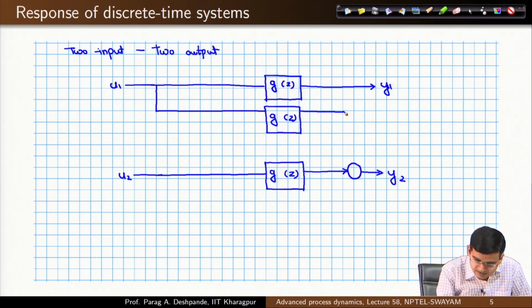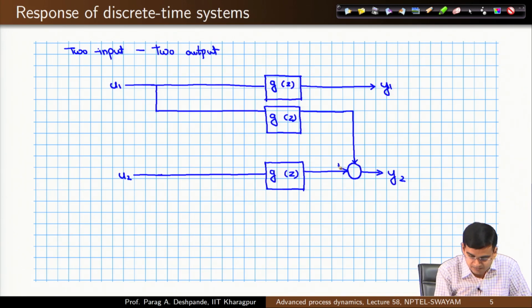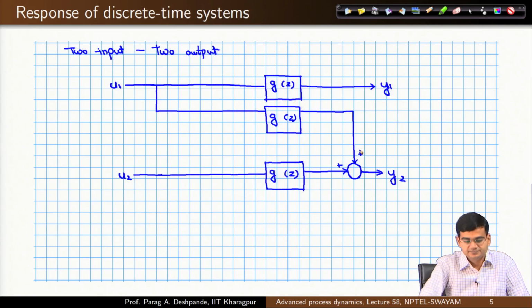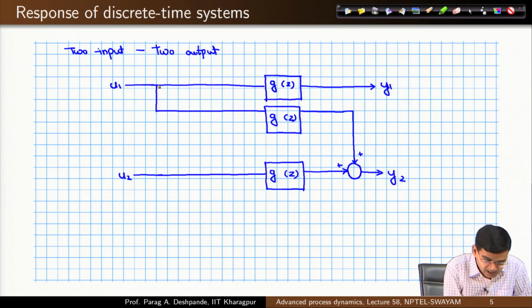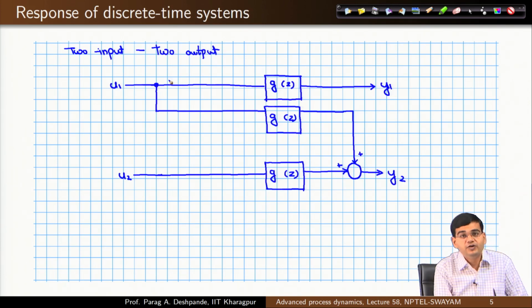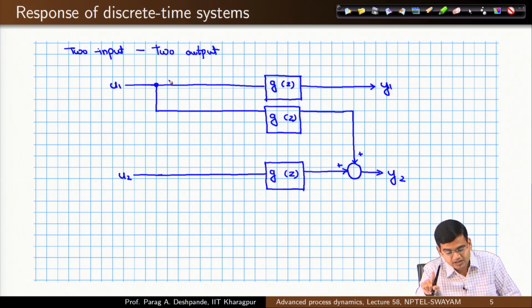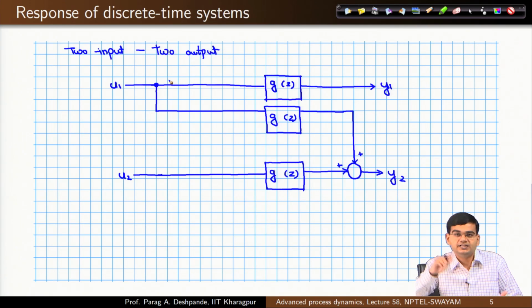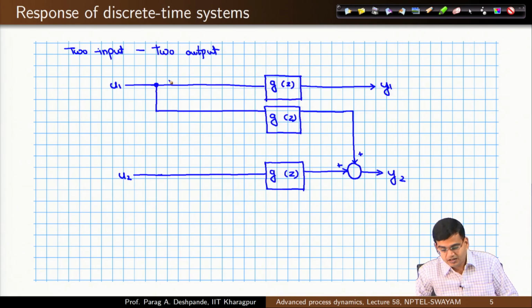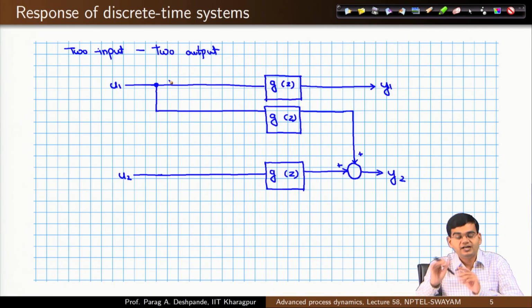So, I have an adder here, say plus plus, right. To understand this, I have u 1 which is acting on a block G of z which gives you the effect on output y 1. Similarly, it gives the effect on y 2 via another block.